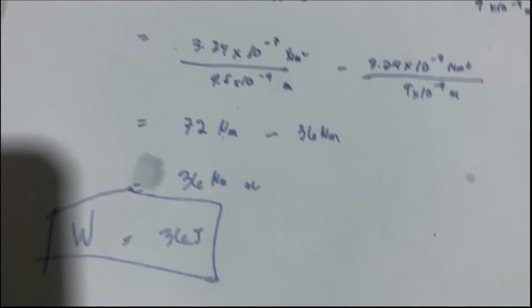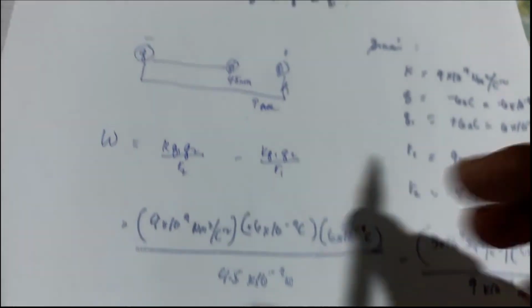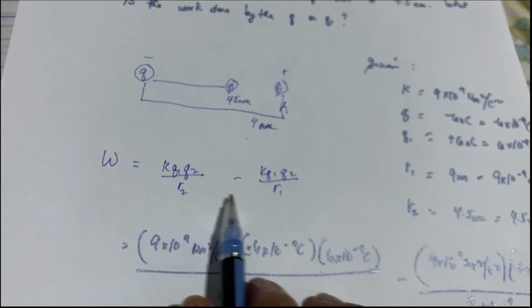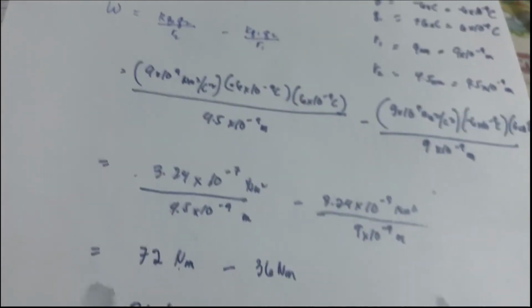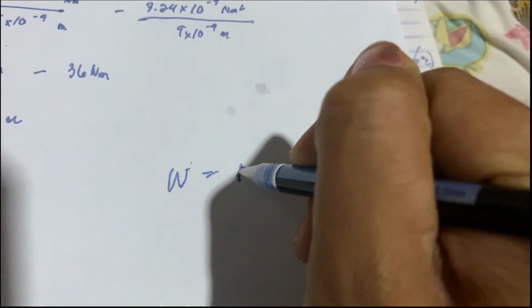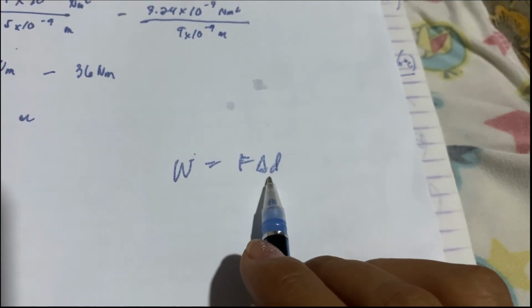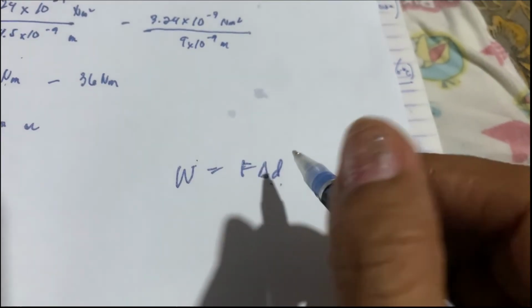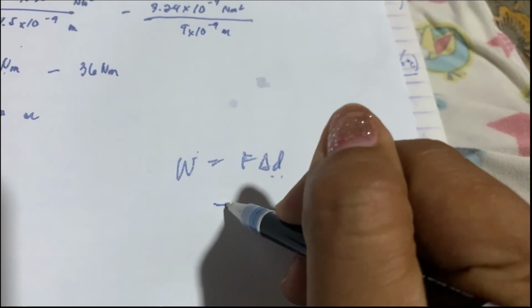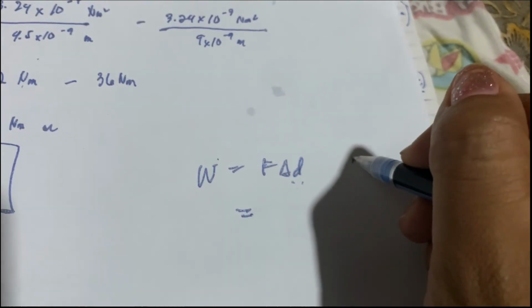That's the unit, the standard unit for work. Now, this is the formula, but you can also use another formula when the given is different, okay? Let's go back. Our formula for work is F, right? Force times the change in distance or displacement. So, remember, we can also use our force from the electric field.